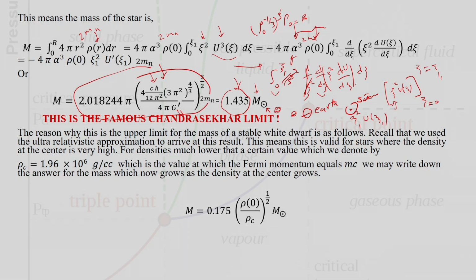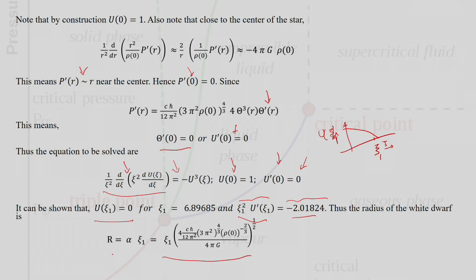See, the reason why it is remarkable, I contrast this with this result, which says that the radius of a white dwarf is inversely related to the density at the center raised to 1/3. So in other words, as the density increases, the radius keeps shrinking.